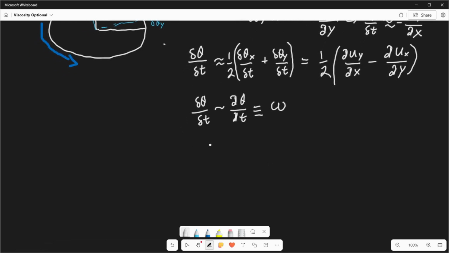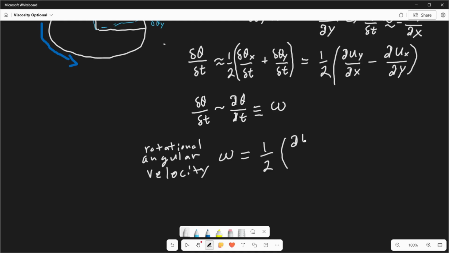So basically omega, which is the rotational angular velocity, omega basically has been shown to equal 1/2 times these two derivatives, d u y over d x minus d u x over d y.